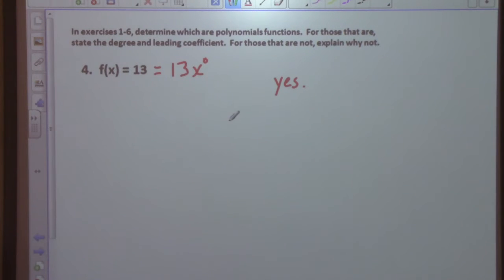So a number by itself qualifies as a polynomial, and that being the case, our degree is going to be 0, and also our leading coefficient is 13. Very good. You said that even before I could think of it.